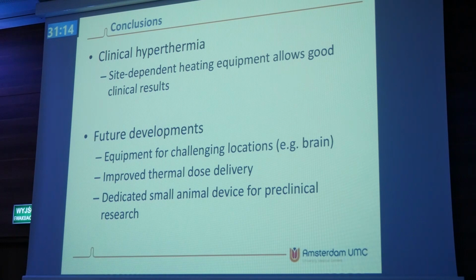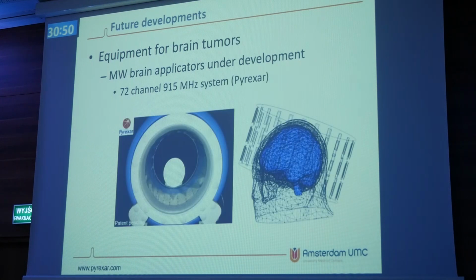And a third category, and this is beyond clinical use, but for preclinical use, we can use better equipment to heat lab animals, because those are the best models, most reflecting what sort of mechanisms to expect within human patients.